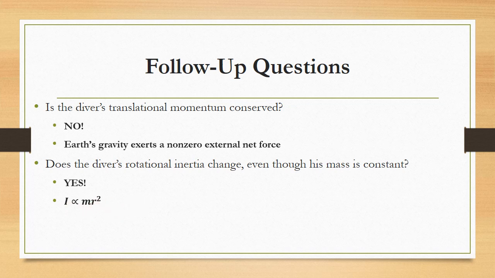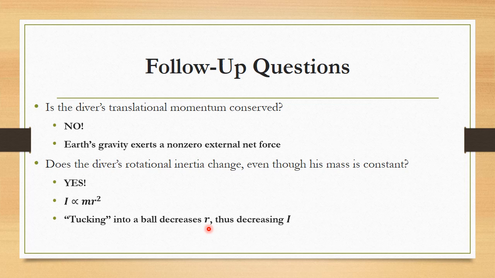The diver is an irregular shape, so we could choose to model him as a rod or something, but that's not really important here. All that matters is that we know we can change I even though mass is a constant because we can change r. So when the diver tucks into a ball, he is decreasing his r value. And let's just try to remember what this r value refers to.